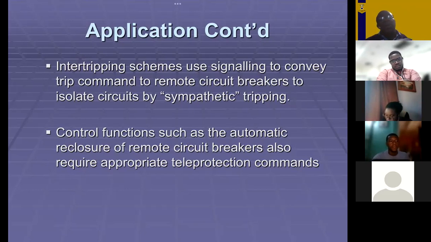If you are intent on sending a signal, but that signal is suppressed by noise, and noise here, again, we keep it simple, just an unwanted signal, then it means that you would not have received the intended trip signal. And so you would not have done what we are seeking to do, which is to speed up clearance of the fault at both ends in that end zone that we have been talking about.